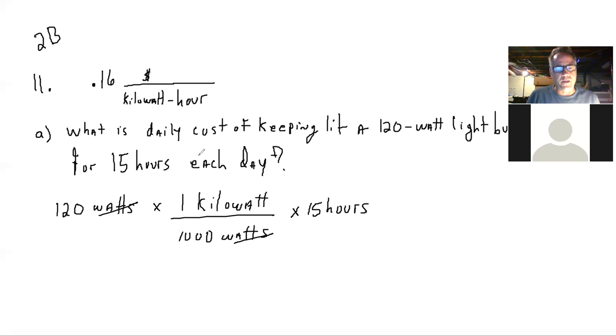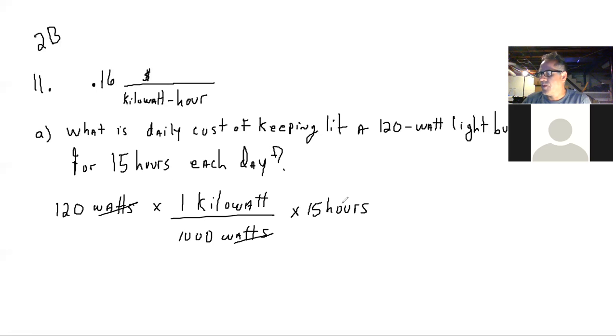Okay. So to get your kilowatt hours, which is what the power is measured in, I know I'm using a 120 watt light bulb, and this is just converting watts to kilowatts. That is 120 divided by 1,000, and then over that time period, hours here.